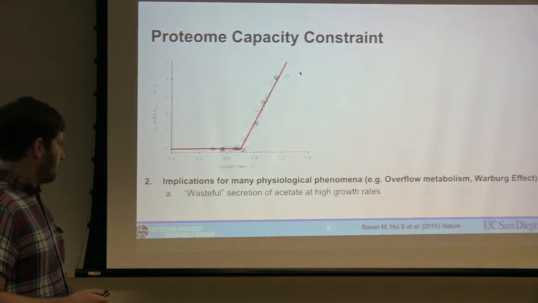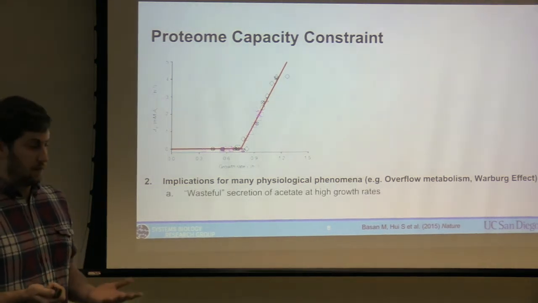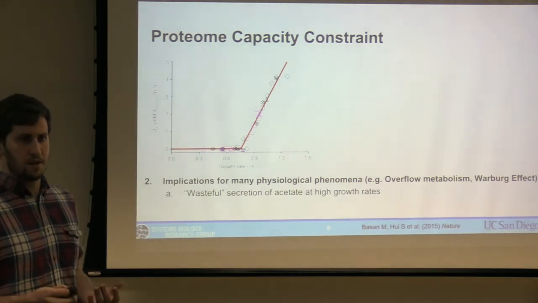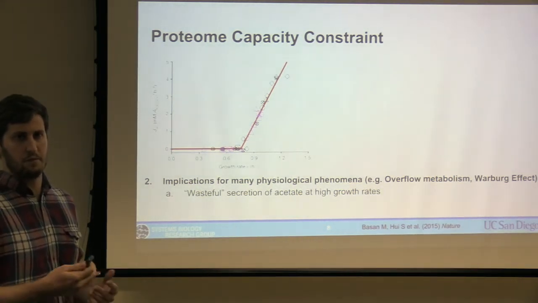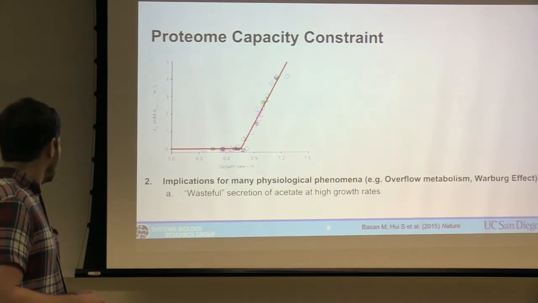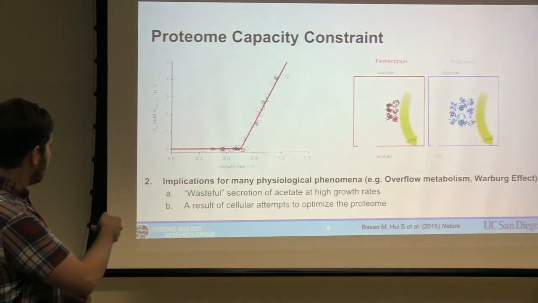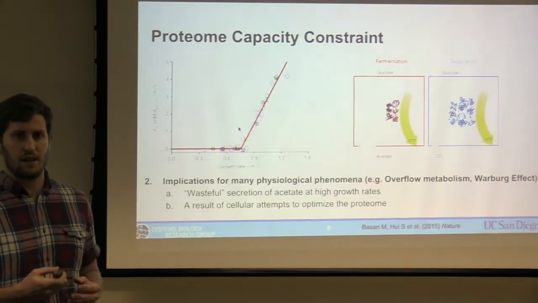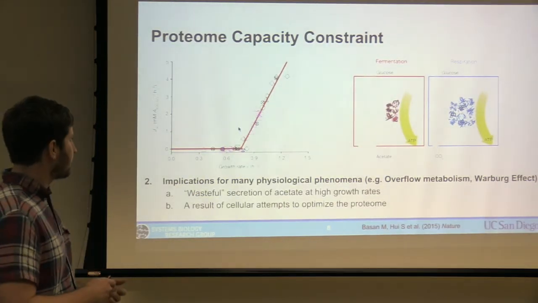This looks like wasteful secretion of acetate that could be used to produce more ATP for the cell. But what's actually happening is that this occurs as a result of the cell's attempt to optimize the way it uses its protein.